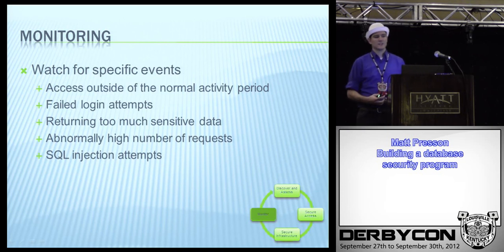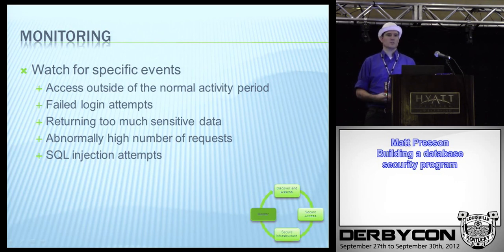I've already mentioned access outside of the normal activity period, but also watch for failed login attempts. Actually, both styles of failed login attempts. What I mean by that is, you have one username and you're going to try many passwords. That'll set off a lot of alarms because that's probably going to lock out a bunch of accounts. But what if I take a bunch of common passwords and try them against every username in your organization that I dumped from AD?